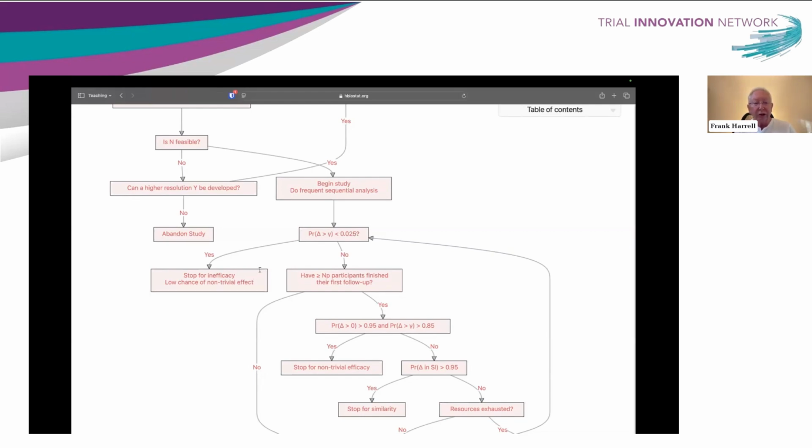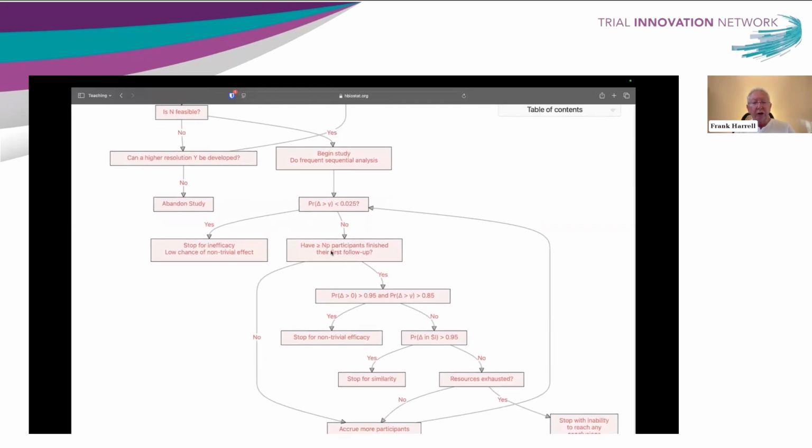So this is going to say that's not good enough. If we can't have evidence of a greater than trivial treatment effect, we're going to stop very early. Now, if this is not very low, so you have a hope of having non-trivial efficacy, you ask the question, have you followed at least N sub P patients?